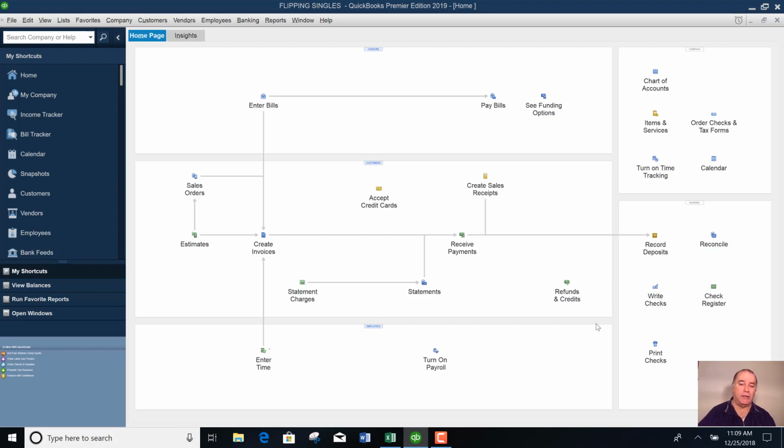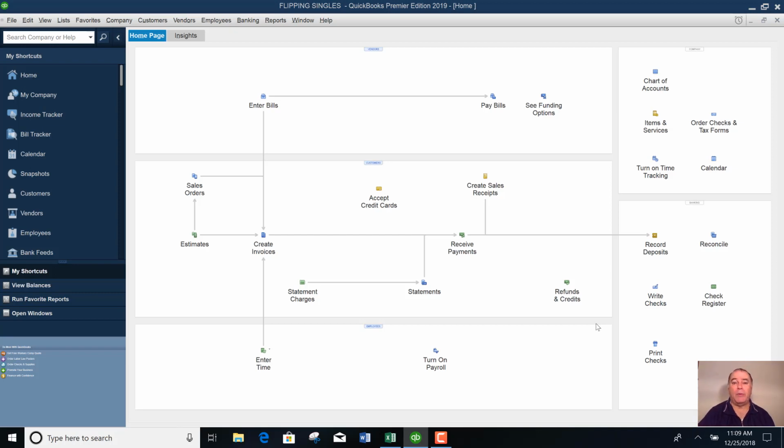Then when we sell it, we move all of that over to the income statement as a cost of goods sold. So let's say, as an example, you sell a property for $200,000. That's your revenue, all right, $200,000. Your cost of goods sold is the culmination of the purchase, rehab, holding, and sale of that property.